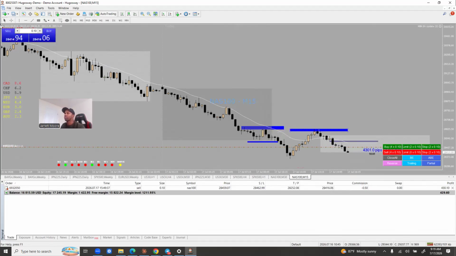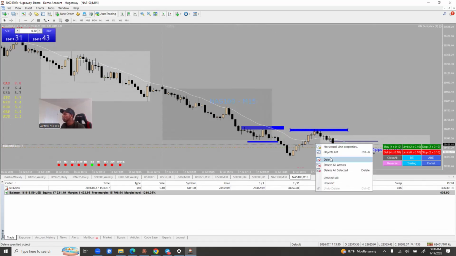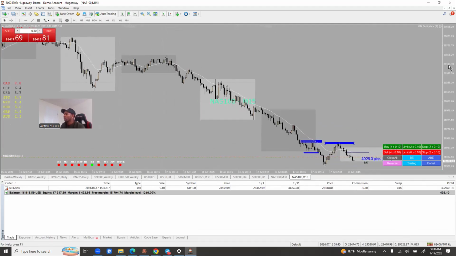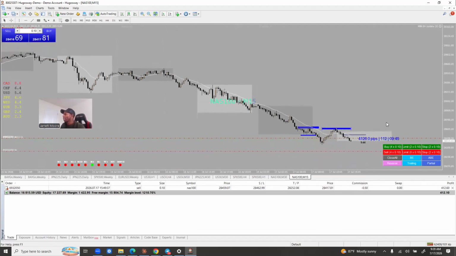But this area, I don't know if it's retesting this zone. Let's see. It's not really retesting that area of support, excuse me, or resistance. But I kind of had a funny feeling I was going to be mad at closing those positions. But let's see.